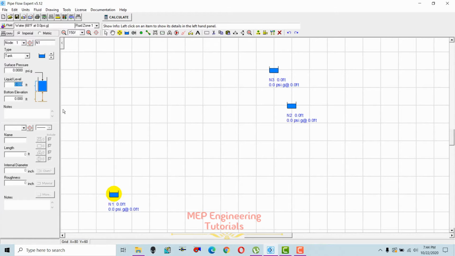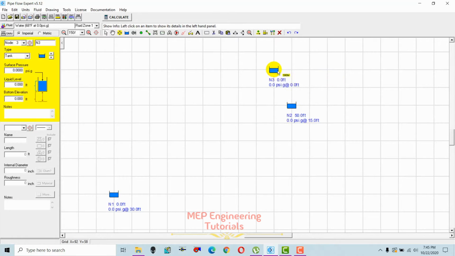I'm going to give the liquid level as 30 feet in this tank, and bottom elevation I will give 0 for this tank 1. This is tank 2, and this is tank 3. So tank 2, I'm going to keep surface pressure 0, and liquid level for tank 2 is 15 feet, and bottom elevation for this tank 2 I'm going to keep, let's say, 50 feet.